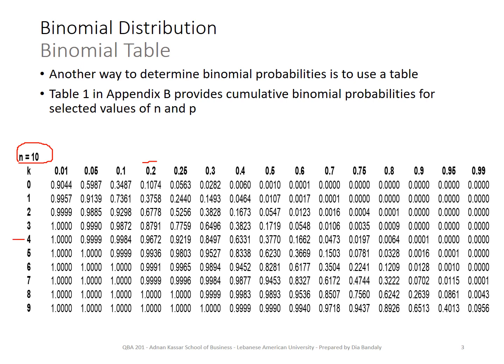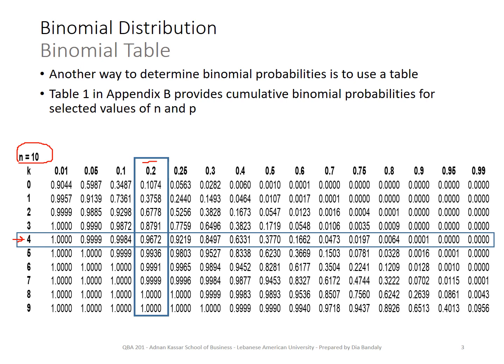So what we do is we look into the intersection between the column that has P 0.2 and the row where we have the value 4. And here we get 0.967, which is the same value that we got in the previous example. So you could use either the table, or you can simply do the calculations.